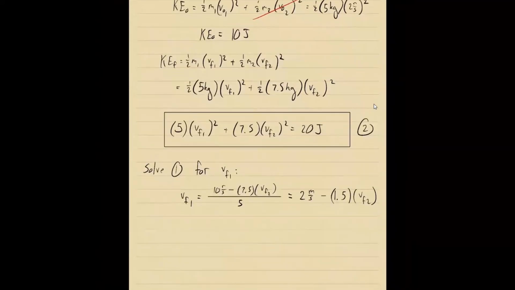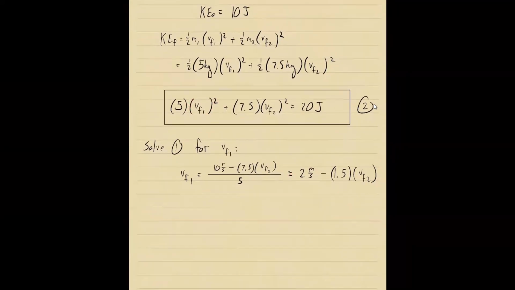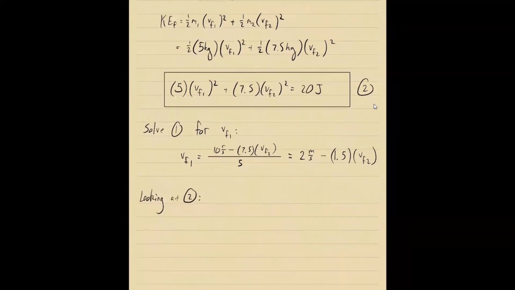And so now we can take this and plug it right into equation 2 whenever we see the final velocity for our first ball. So let's do that. Looking at equation 2, we have 5 times our final velocity for ball 1, but that's just equal to this stuff that we found.